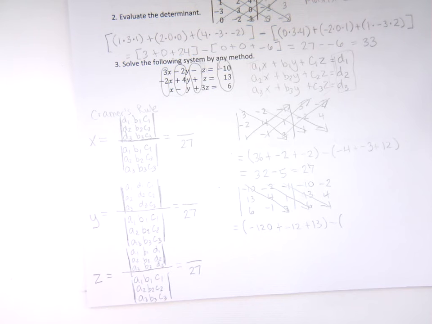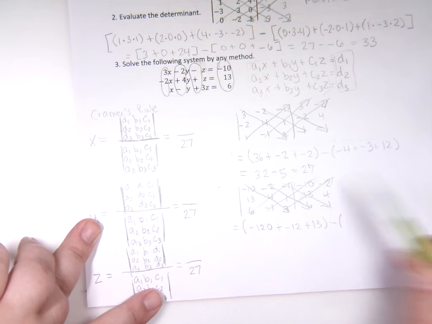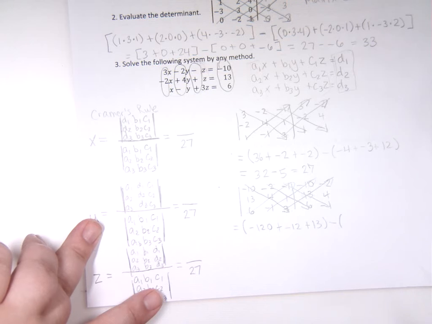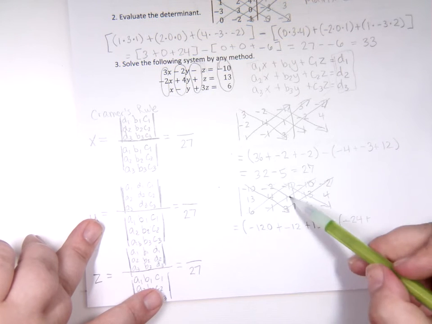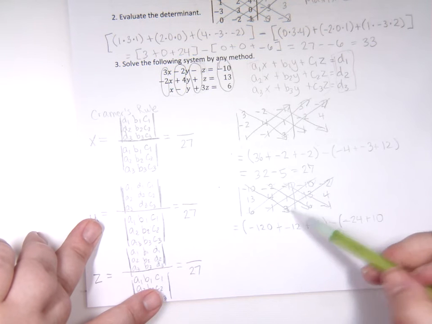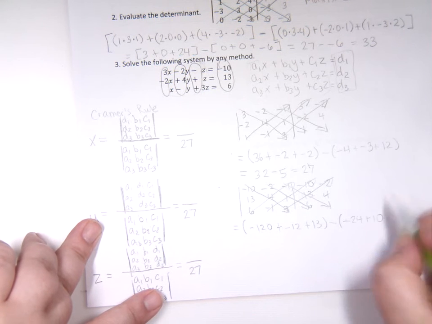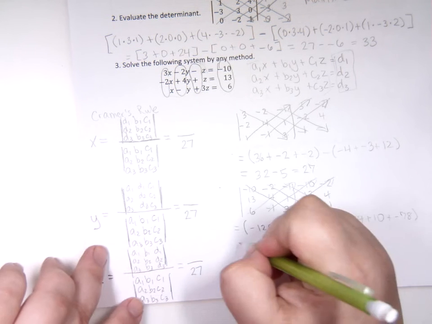Now we multiply up the diagonals. 6 times 4 times negative 1 is negative 24. Negative 1 times 1 times negative 10 is positive 10. And 3 times 13 times negative 2 is negative 78. Okay, so what have we got here?